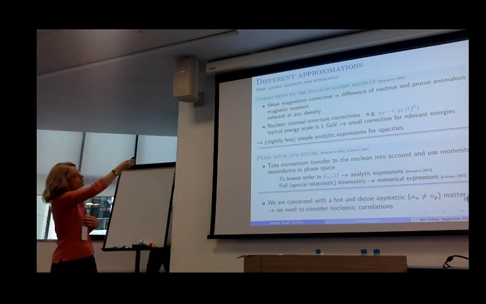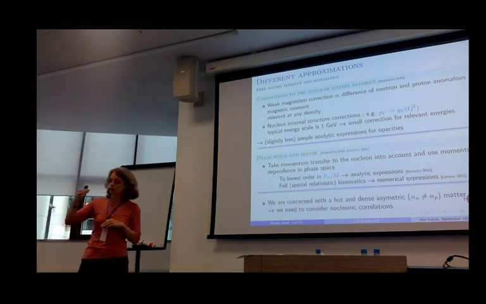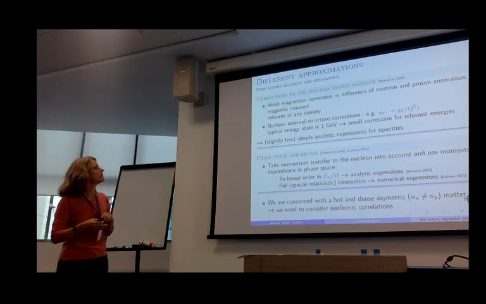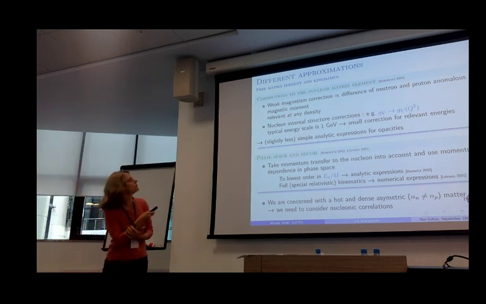One of them is, for example, the weak magnetism correction, which is also present in the vacuum matrix element and is proportional to the difference of the neutron and proton anomalous magnetic moments.